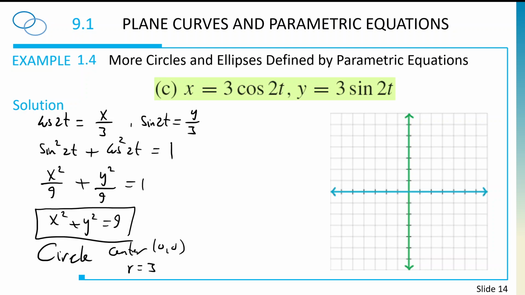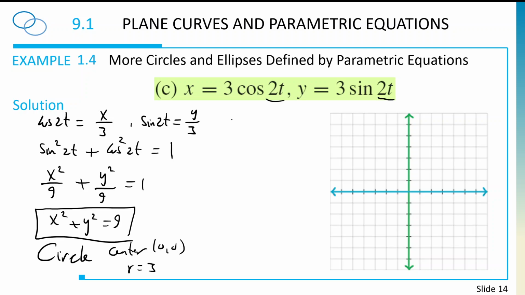So if I compare this one with the previous question we did as a circle, yeah, 1.3 was a circle, but that had coefficient 2. Anyway, this is again a circle, but what's the effect of that argument 2?